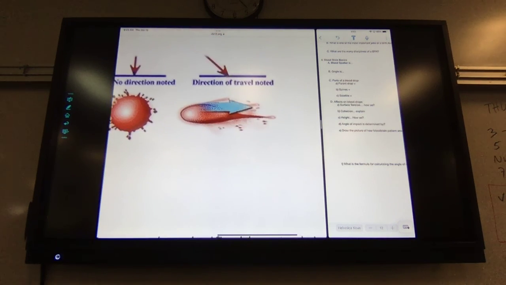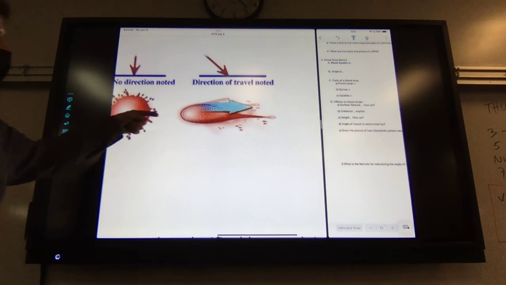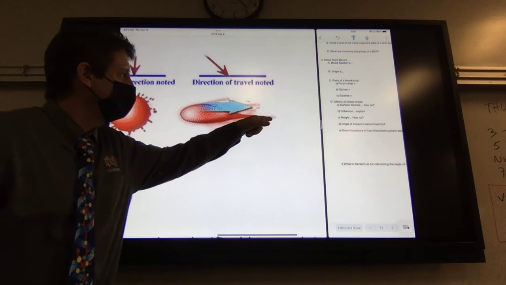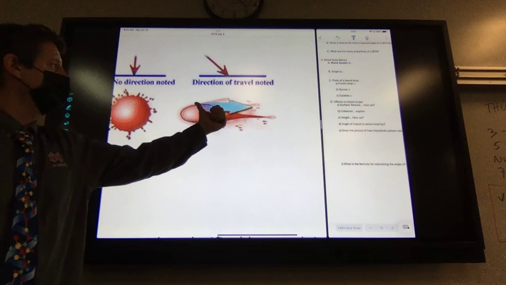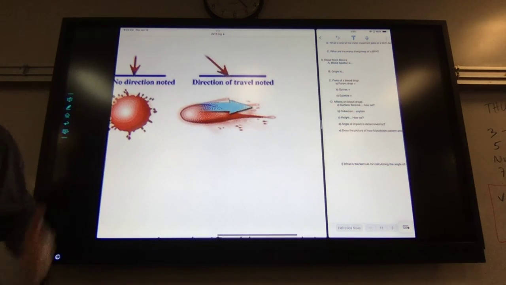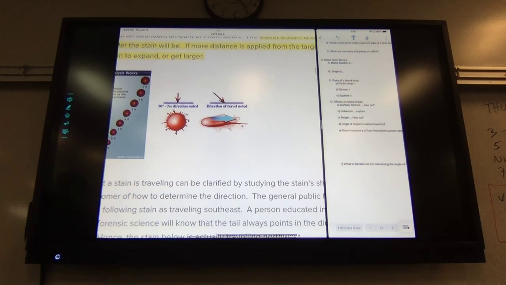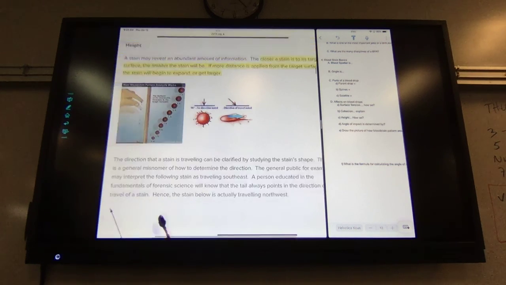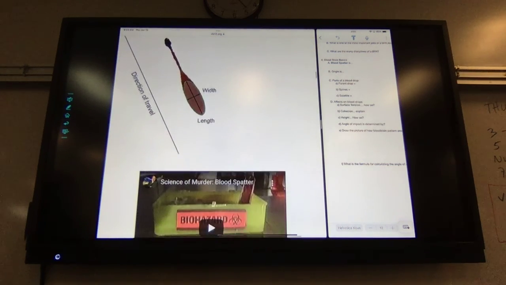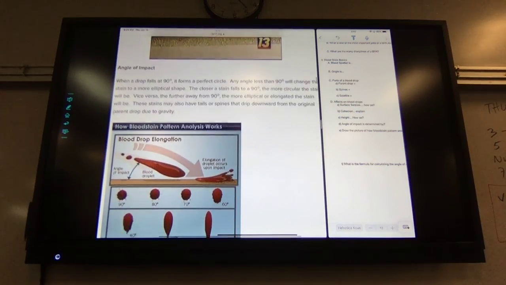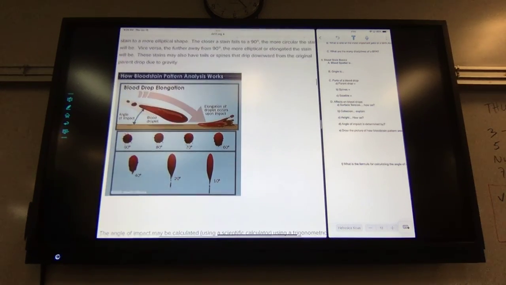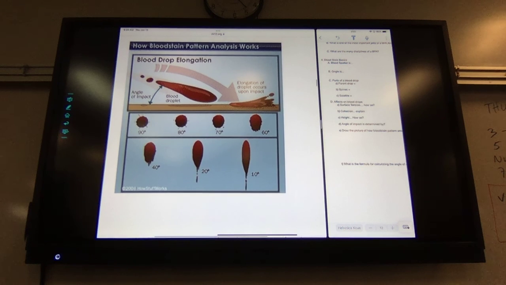This is kind of a good picture too, where the spines, if they're going in one direction to the right, then that was the direction of the blood and it originated to the left. So the angle of impact is shown in the textbook.